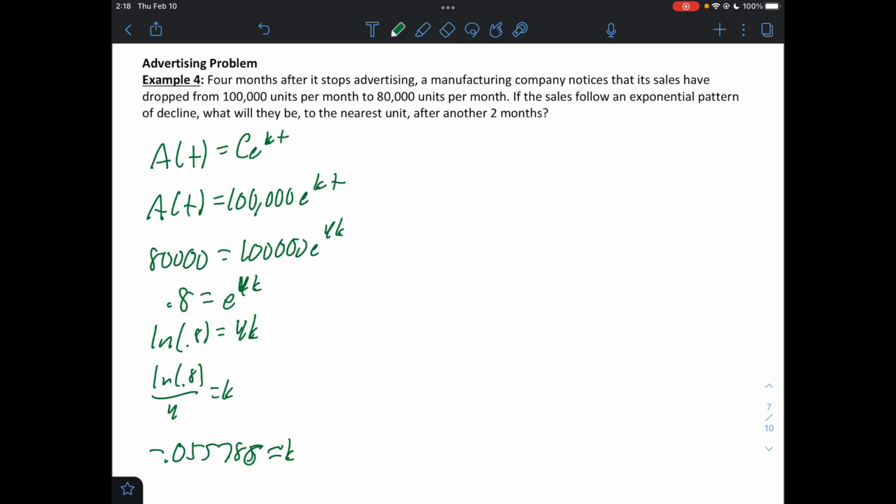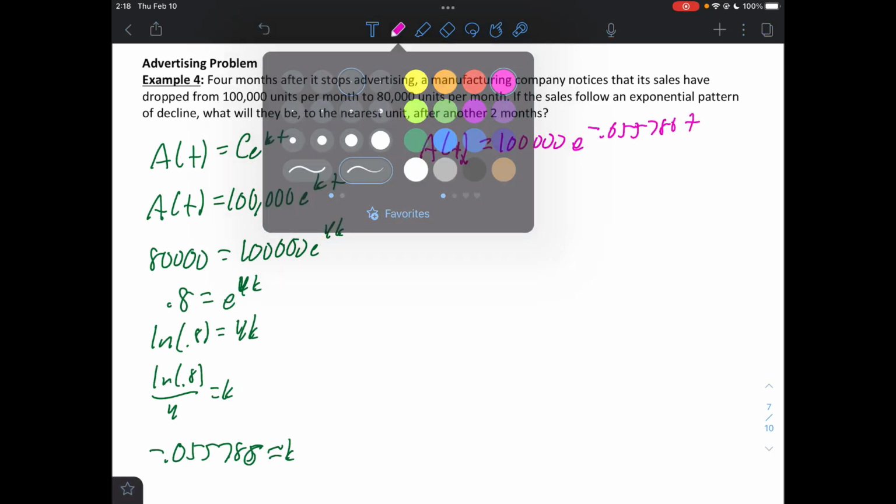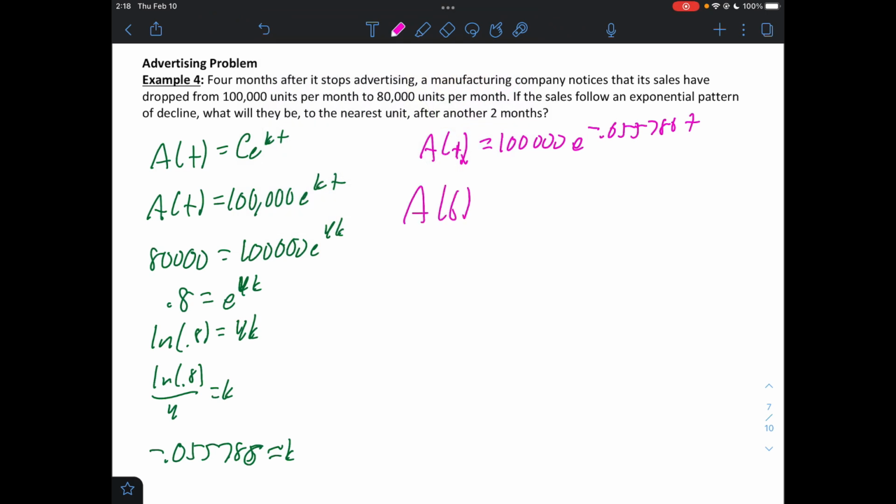So now our equation is A of t equals 100,000 e to the negative 0.055786t. All we're going to do now is put 6 in for t.